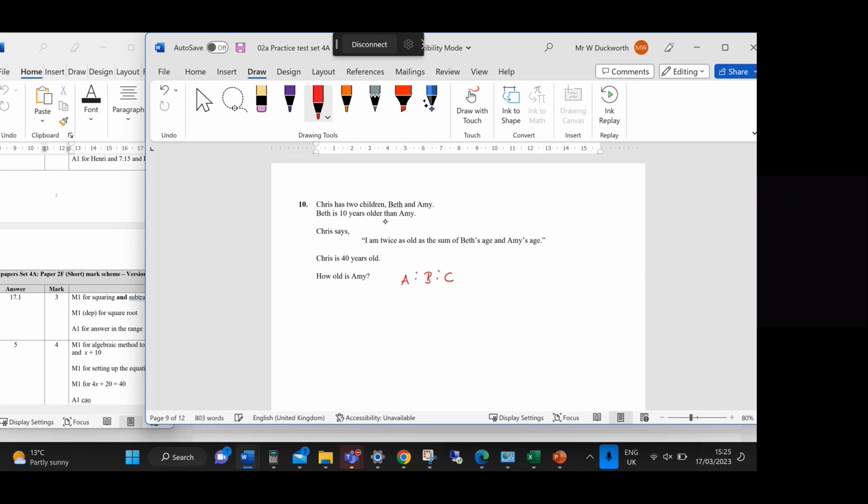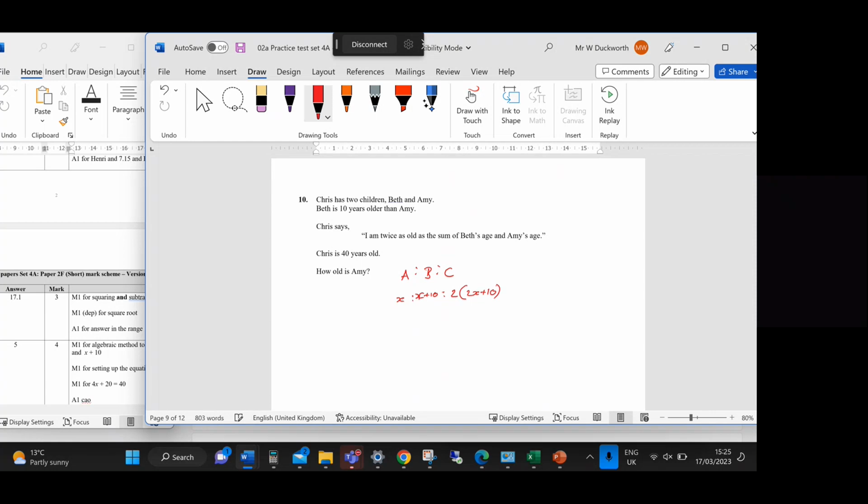So Beth is 10 years older than Amy. So if Amy is x, then Beth is 10 plus x or x plus 10. And then Chris is twice as old as the sum of their age. So that's two lots of the sum of their age. So that would be 2(x plus 10). And then Chris is 40 years old.